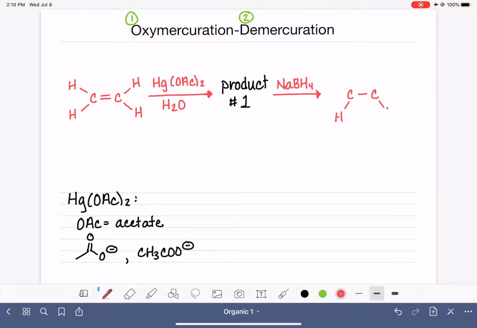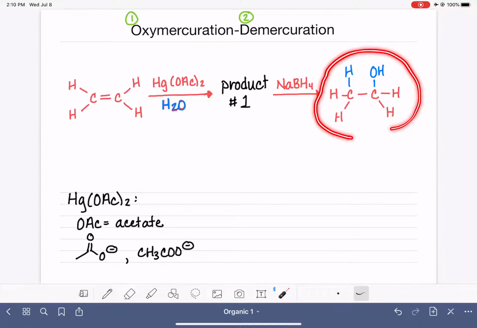This particular reaction is a hydration, so we are adding a water molecule to the carbon-carbon double bond. The water molecule is actually coming from right there, so let's make that water molecule a different color and add it over here to our products. So this is the desired product of the oxymercuration-demercuration reaction.